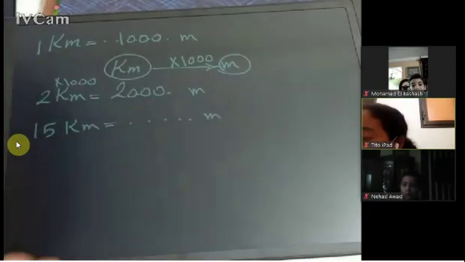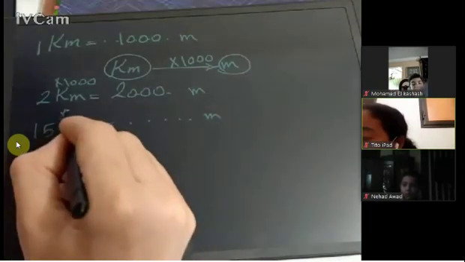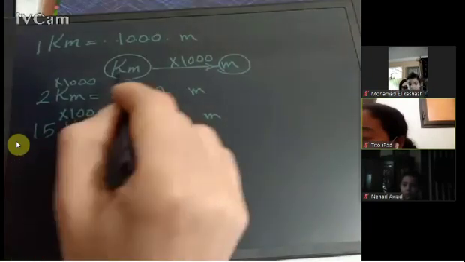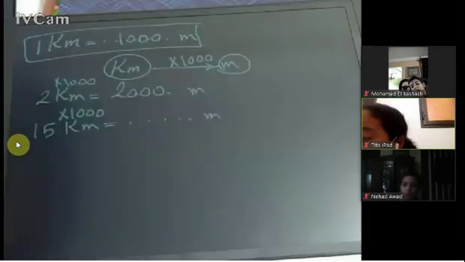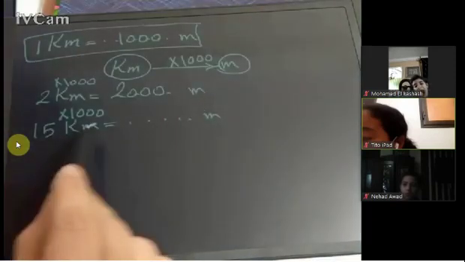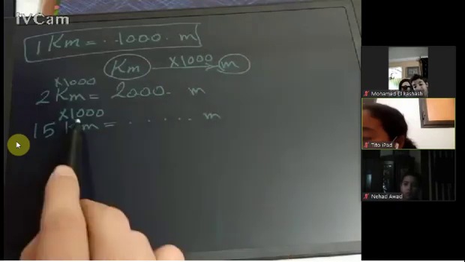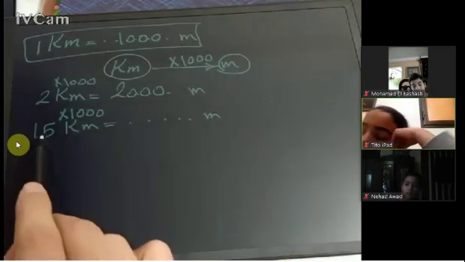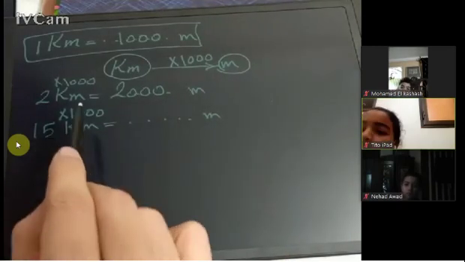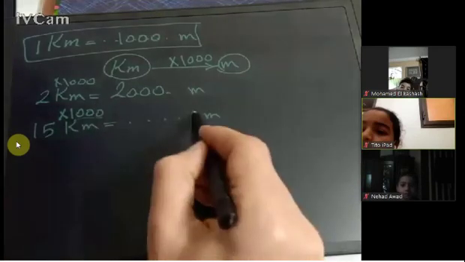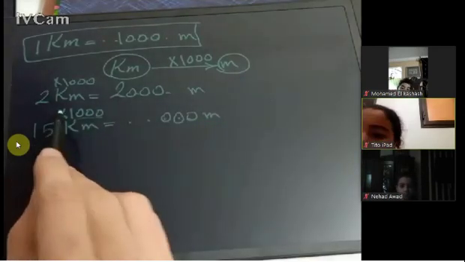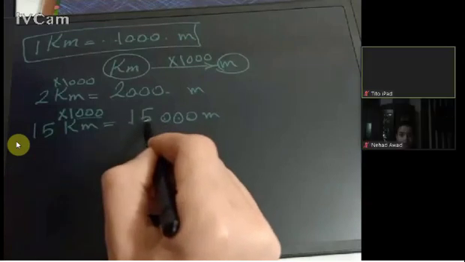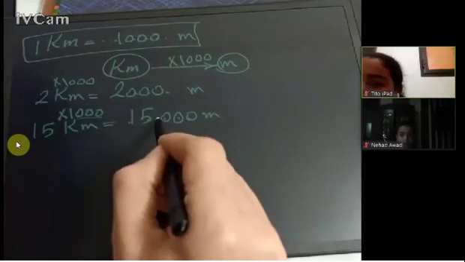The same thing, I will multiply it by 1000, because we have the relation that 1 kilometer equals 1000 meters. So from kilometer to meter, we use 1000. So 15 multiplied by 1000, how can we do it? We have 3 zeros, so I will put them. Then 15 times 1 equals 15. So the answer is 15,000.